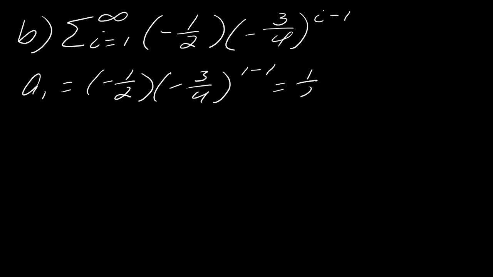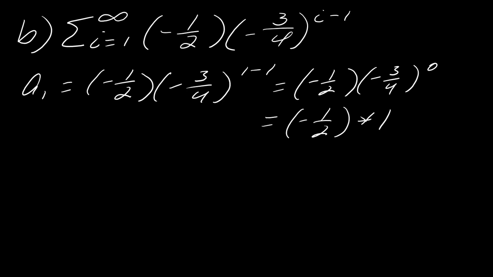So this becomes negative 1/2 times negative 3 over 4 to the 0. Anything to the 0 power is just equal to 1. So this is negative 1/2 times 1. So the first term in this series is negative 1/2.